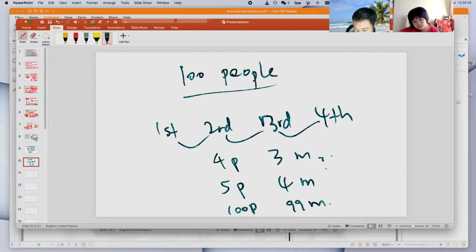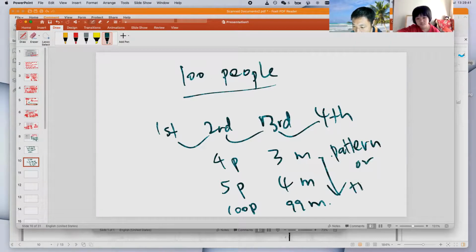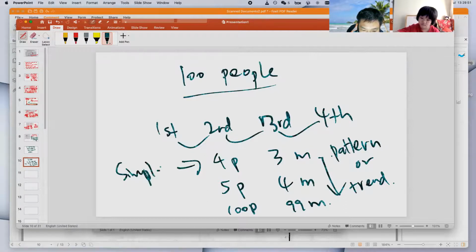So can you see the so-called pattern, or I call it the trend. Therefore, I have used simple. Simple means I start with small numbers first. 4 people, 3 meters, very easy to find out. 5 people, 4 meters, very easy to find out.